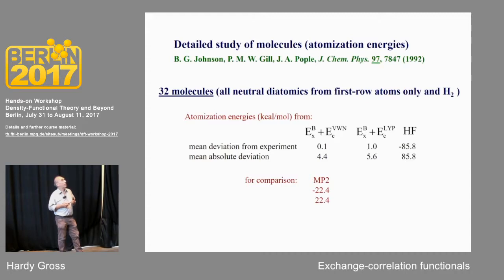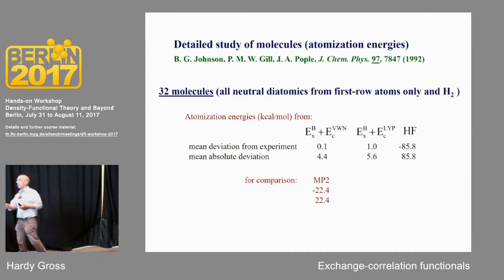And you compare the mean deviation from experiment and the mean absolute deviation, let's say with Hartree-Fock, and also with Møller-Plesset, so that's second order perturbation theory, and results are much better.